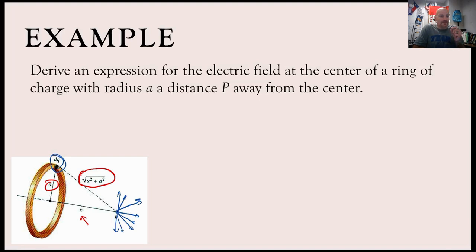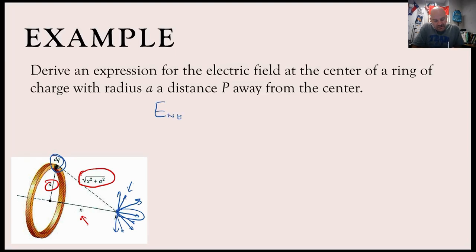What you'll see is there is a positive y component and a negative y component of the same size. So all the y components will cancel, leaving only the x components. We're not going to integrate through y, we're going to integrate through x.